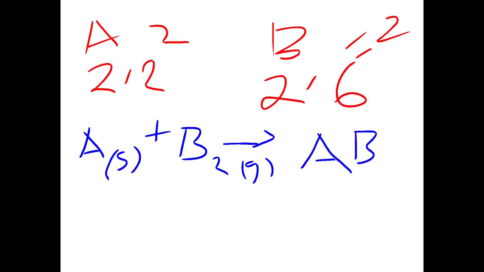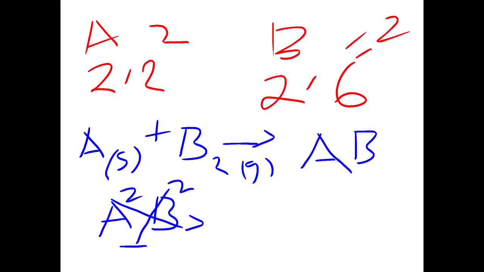Remember, we are getting this B from this. This is just a reminder on how to write the formula of the compound that is formed when A and B react. We take A and write its valency there. Then we have B, we write its valency there, and then we interchange the valencies. So when we interchange the valencies, we form A2B2.